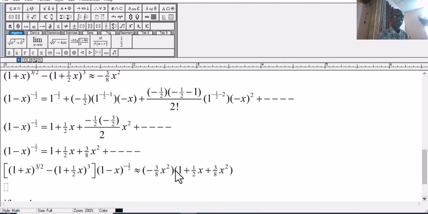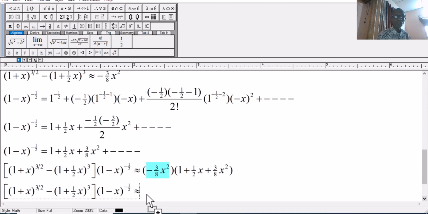So we can now multiply. So if you use this, minus 3x minus 3 over 8 x squared, times this will give us this.